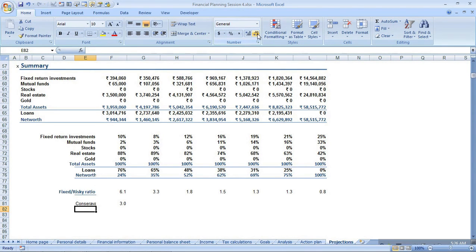But if you are not so conservative, neither conservative nor aggressive, I would say risk neutral, you could put 50:50. So you could maintain a ratio of 1:1.